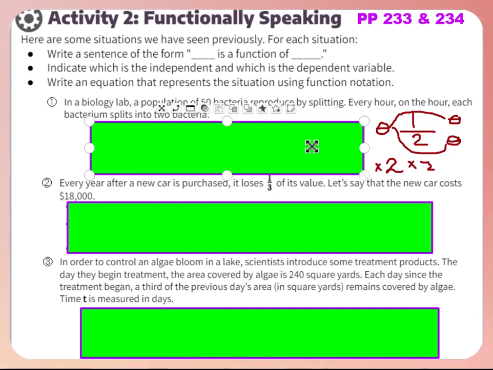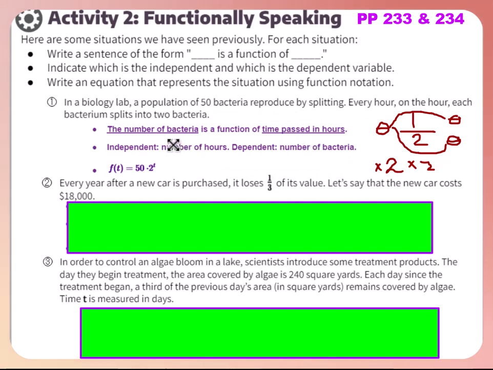Okay, well, let's see how to write that. The number of bacteria, the output, your y, is always going to be a function of your input, or time. So y is a function of x. The output is the number of bacteria, and our time is hours.